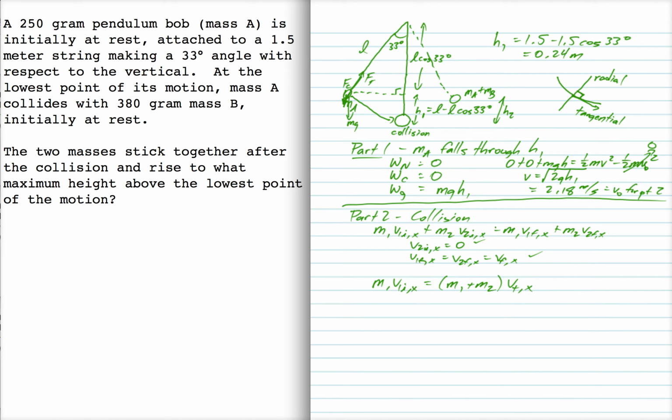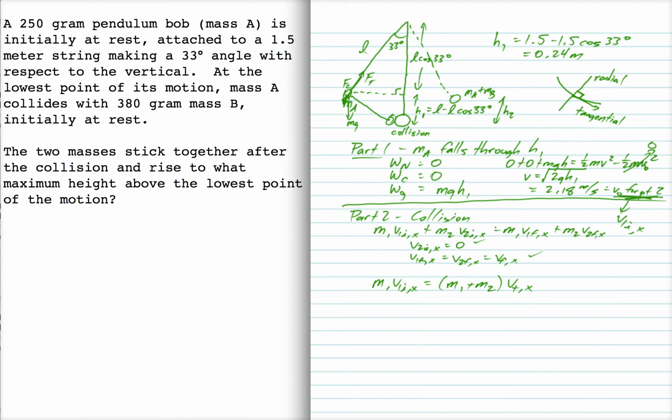And we already know v1ix, that is the initial x velocity for ball 1 right here, 2.18, the instant before the collision.